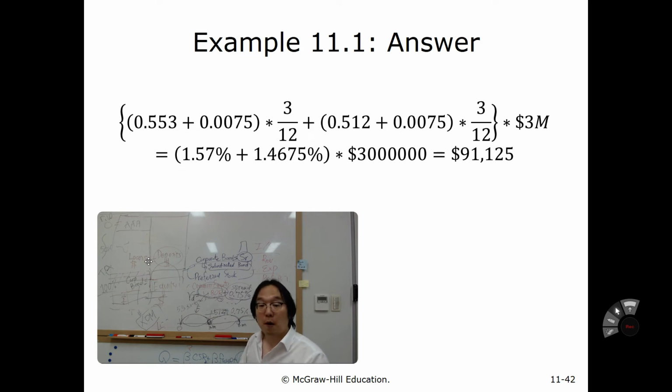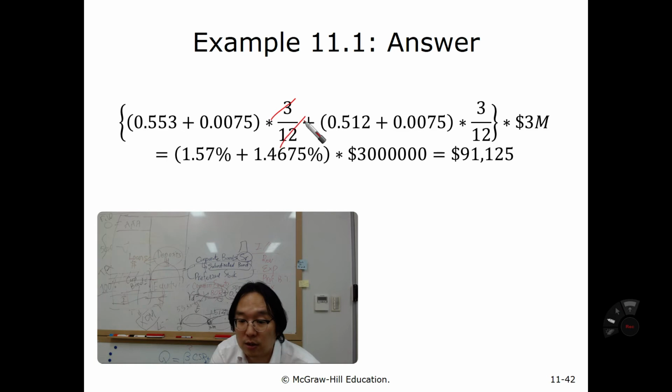So you have to multiply it by a quarter. Cross it out for 1, a quarter again. So $91.125 would be your answer to this question.